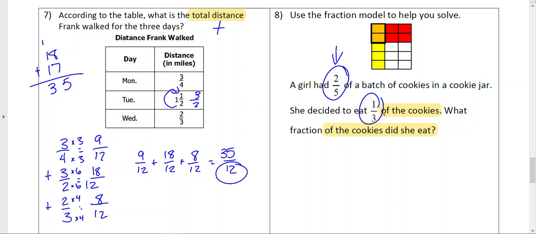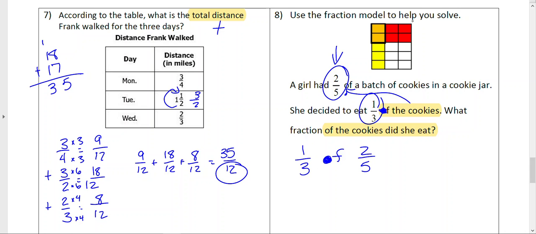The word of, when it's referring back to this number here, tells you an operation, which is multiplication. You can fill in that circle, because I wanted 1/3 of the 2/5 of the cookies, and of tells you to multiply there.